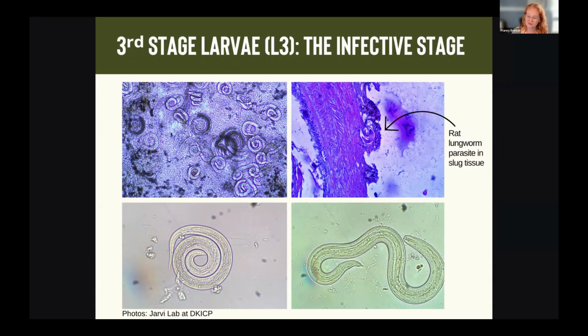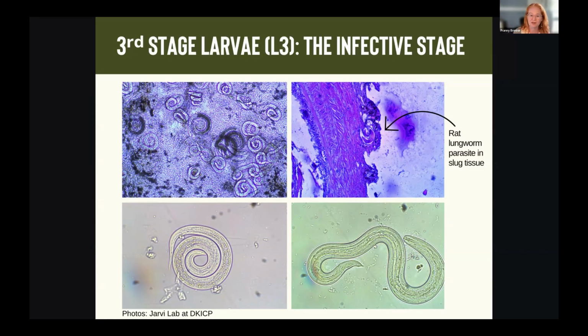Once they pass through the digestive system and they get into the feces, that is where they're going to come into contact with a slug or snail that's going to come along and pick that up by snacking on that feces. And then it's going to develop to the third stage inside the slug or snail. This third stage larva goes dormant inside of the slug or snail, and it curls up. So if you see that lower left cube here, how it's curled up, that's the dormancy stage.